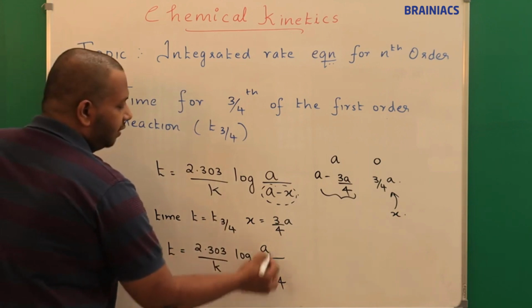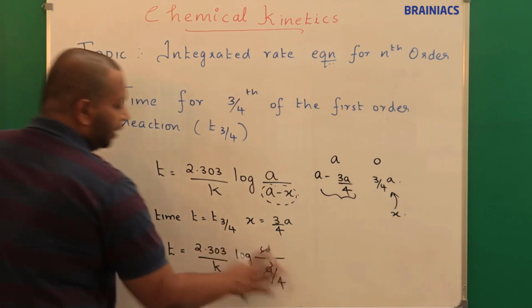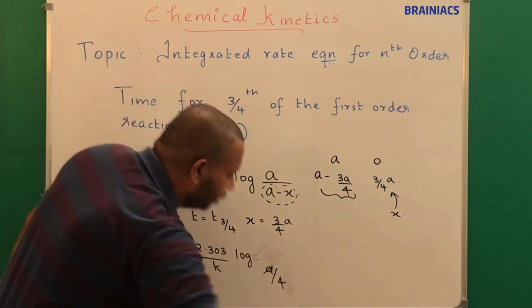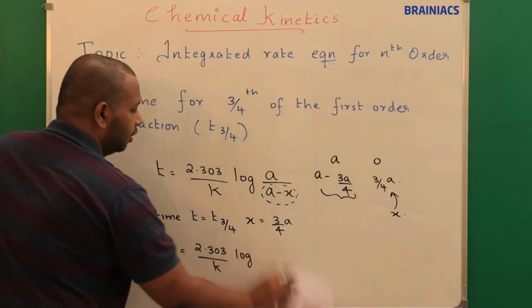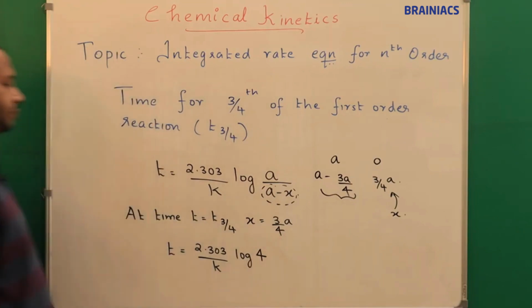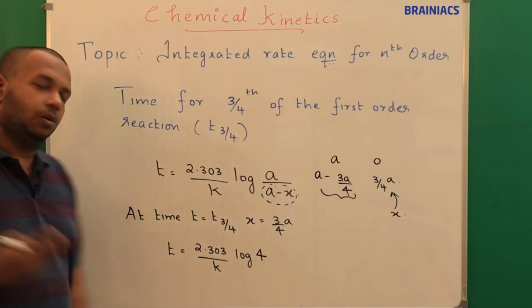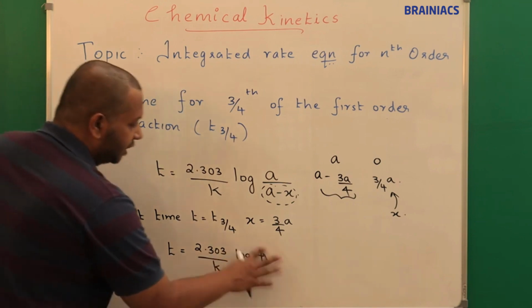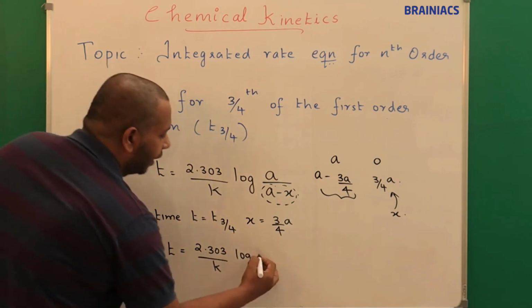So this A and A will get cancelled off. So I can say this is log 4, correct? Now this log 4 itself can be written as, you know that, 2 square.